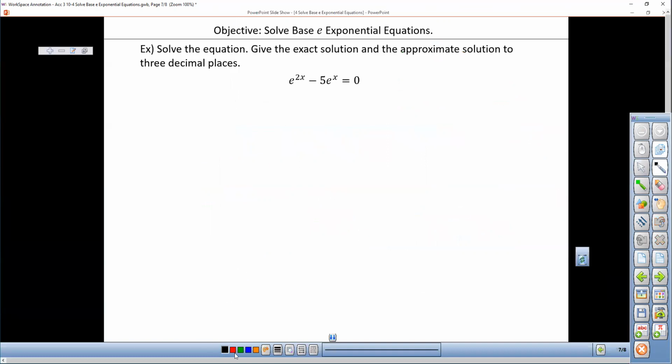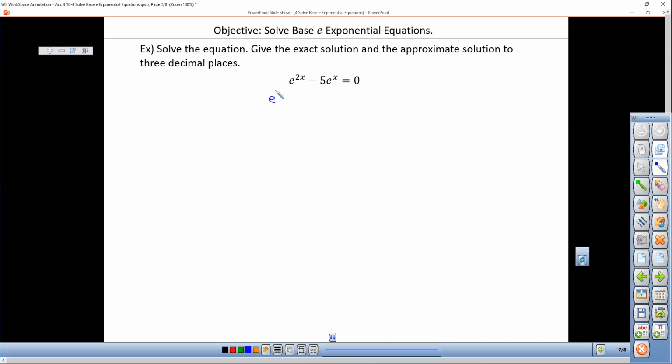So we've looked at a couple of trinomial situations. We're now going to look at a couple of binomial situations. So this is our first binomial structure. And so binomials here, when we have the two powers that involve our x, will be a GCF type of factoring. So remember that e to the 2x, and here's where understanding those exponent properties is more important.